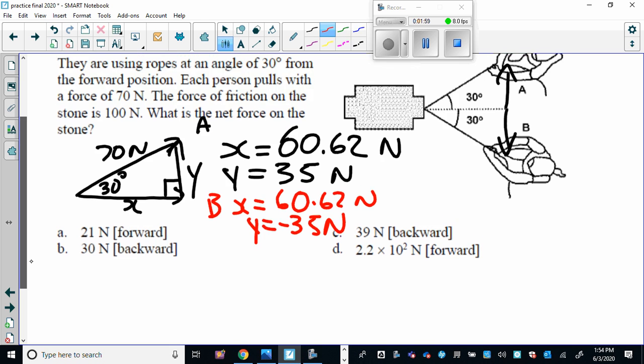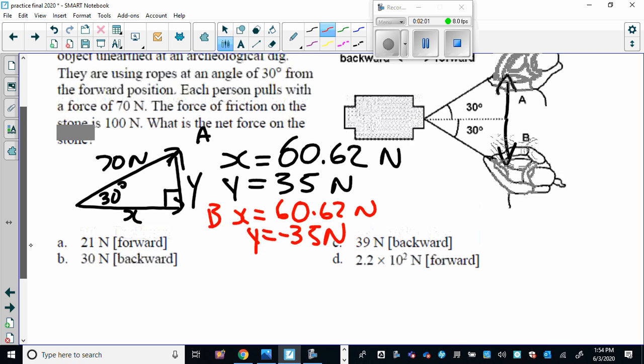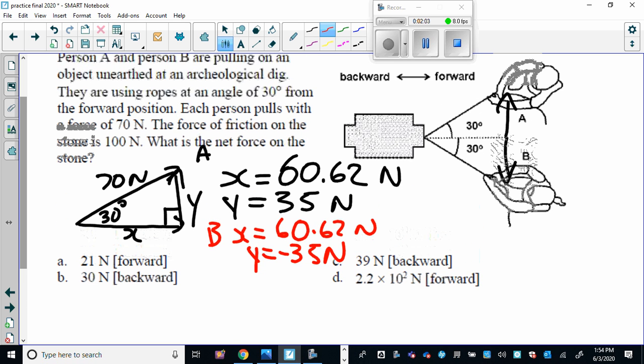All right, so now what we want to do is find the total, the resultant vector between the two people pulling, and then take into account that friction force of 100 newtons.